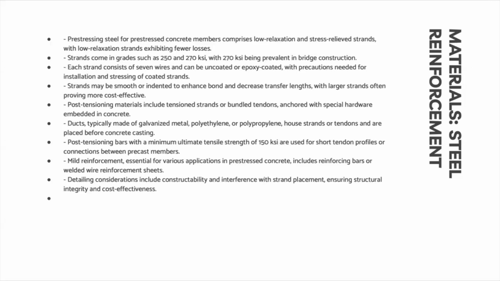Additionally, strands can be smooth or indented to enhance bond and decrease transfer lengths. Pre-stressing steel is crucial for pre-tensioning and post-tensioning applications, with relaxation losses occurring over time, more significant in stress relieved strands.